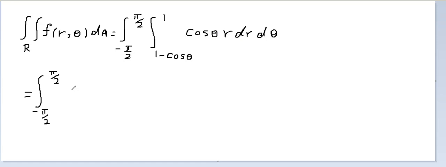So we have r squared divided by 2, with r from 1 minus cosine theta to 1, and d theta.